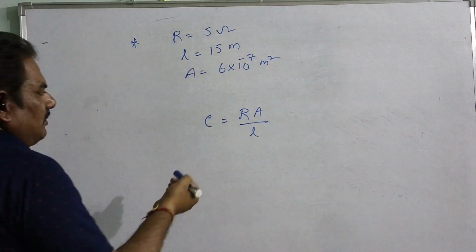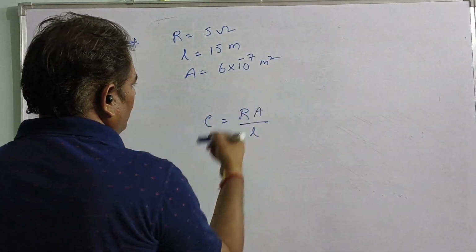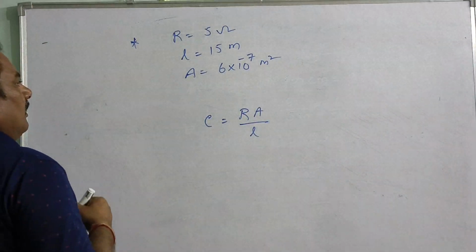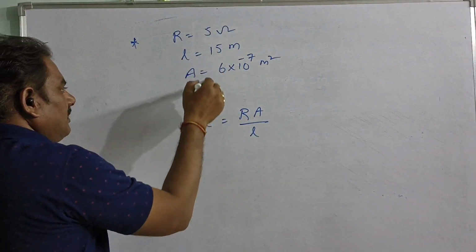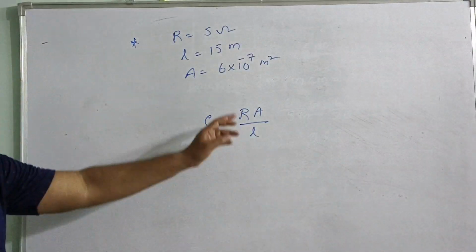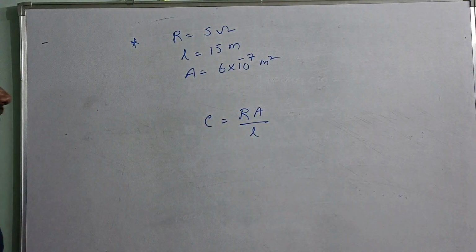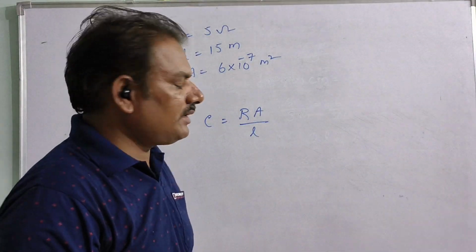Or we can make it a bit simpler for calculation. So the length of the wire is 15 meters and the resistance is 5 ohm. The area of that wire is 6 into 10 power minus 7 meters square. So what is the resistivity?